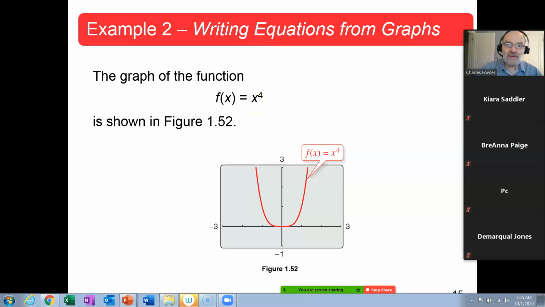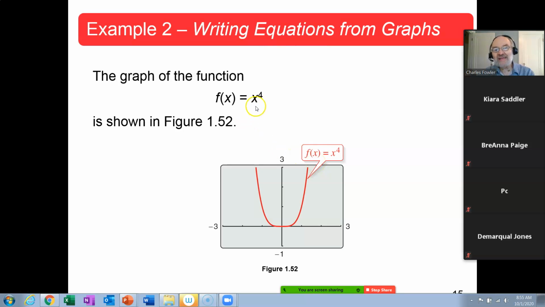Now, I don't know if you remember the parent functions we had. The quadratic function, the squaring function, looked a lot like this. There was one difference. The squaring function came down a little more gently, coming down here, and then was more rounded here and going back up more gently. Okay? That's one way to express it.